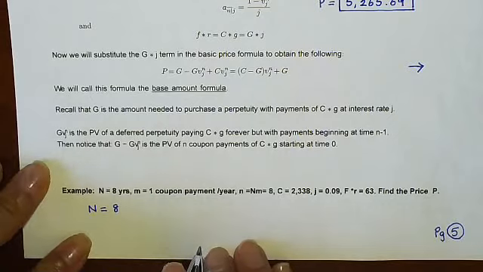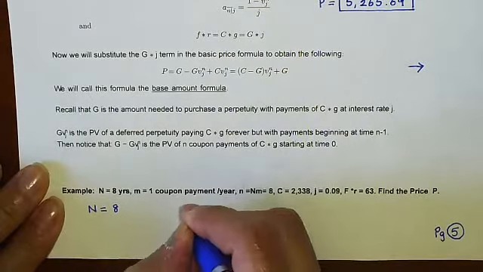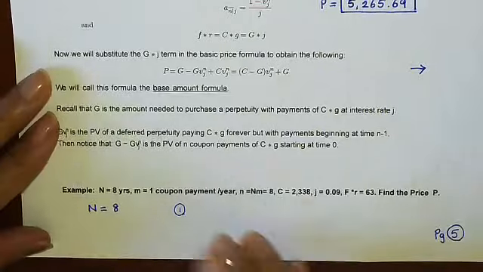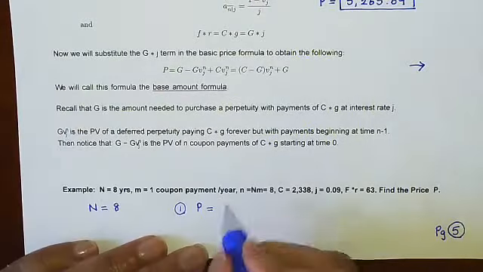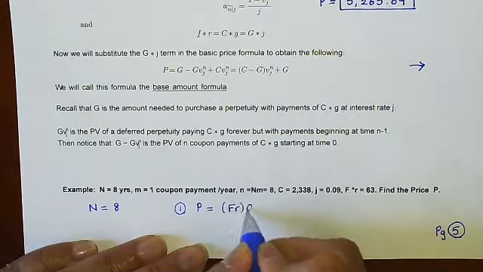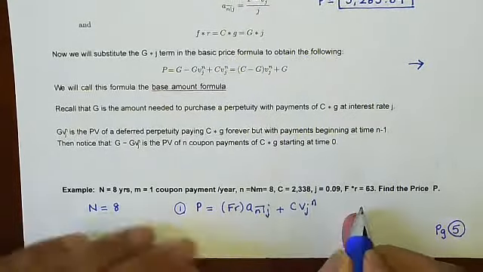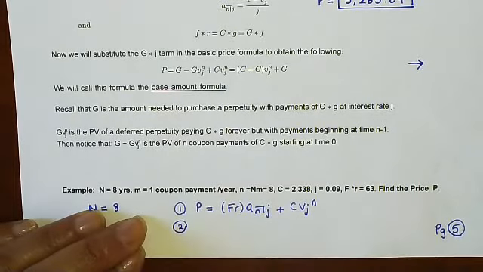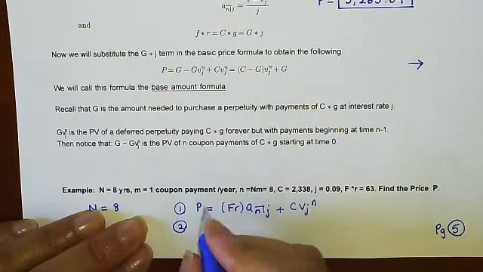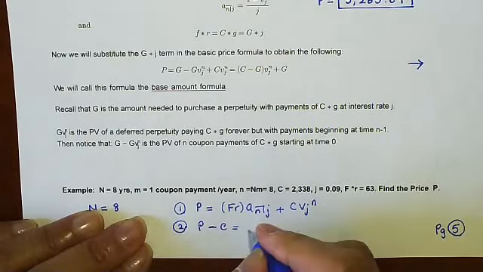I would like you to do this problem 3 different ways before you come back on Monday. First, please use the basic price formula. P equals FRA angle NJ plus CVJ to the N. Secondly, do the same problem by using the premium discount formula.